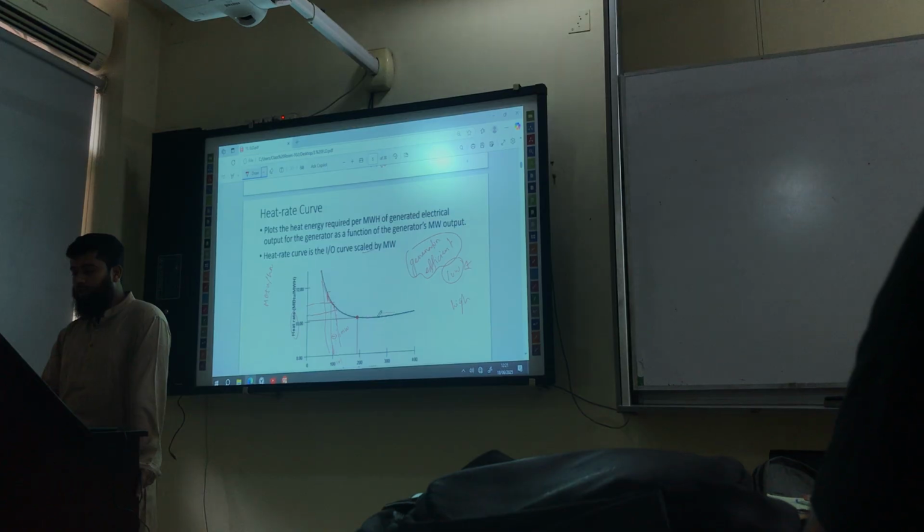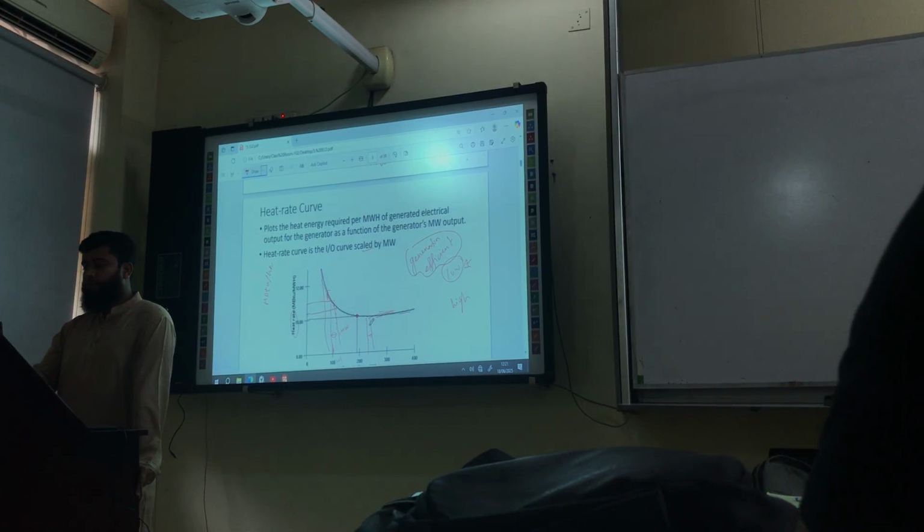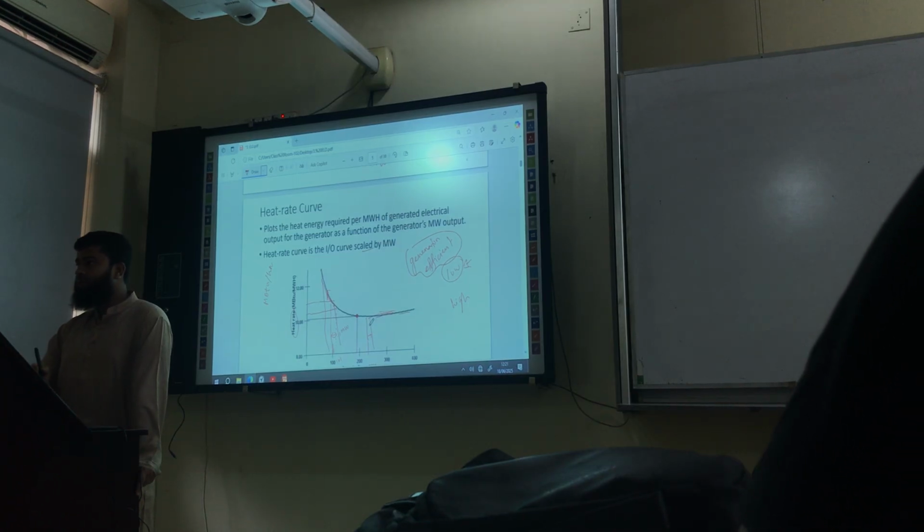Here you can see that the difference is 0. Obviously you need additional heat, but let's say from 100 to 101, you need additional heat energy of 2 MBtu.